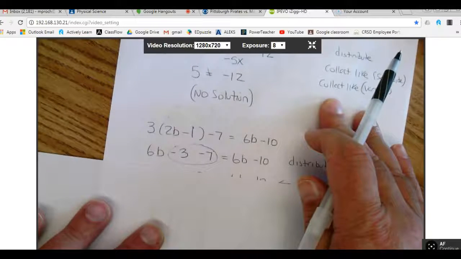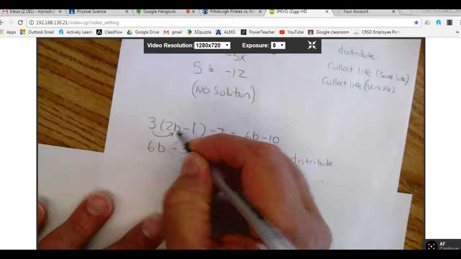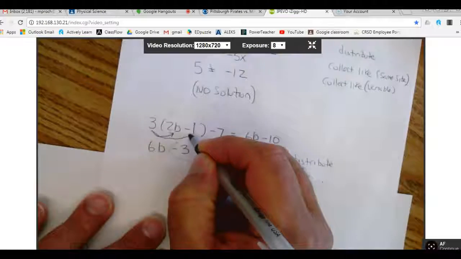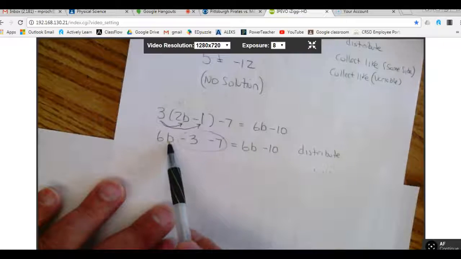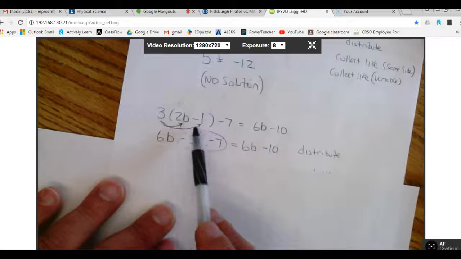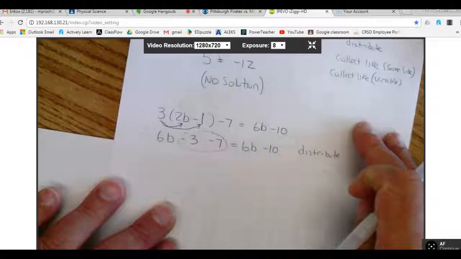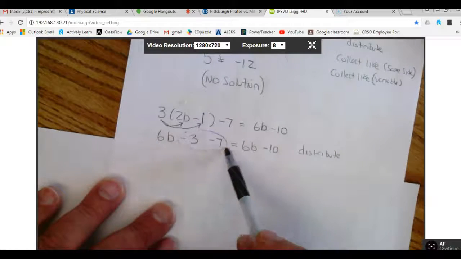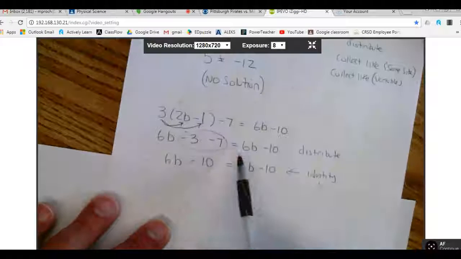So we're going to distribute the 3 to the 2b, then the 3 to the negative 1, right? So we end up with, look, if we do that, we end up with 6b, then 3 times negative 1 is minus 3, then minus 7, right? Then we collect these two like terms, minus 3 and minus 7. This stays the same. You can't do anything with it.